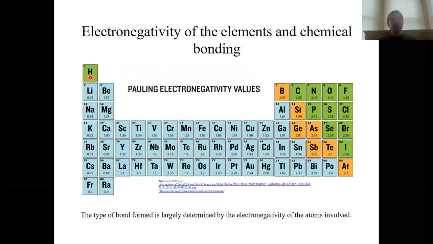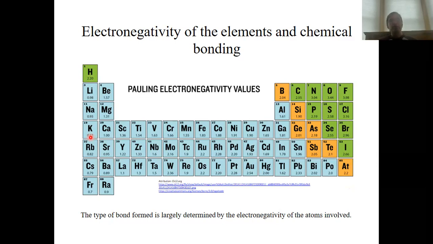You see all the metals in blue, the non-metals in green, and the metalloids in orange. Now I see further the electronegativity values of the elements below the element symbol. Let us see if we can correlate the electronegativity values to the bonding within these elements.